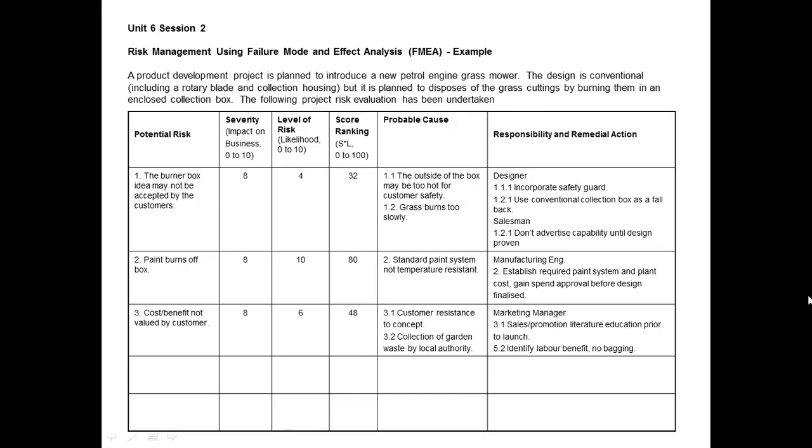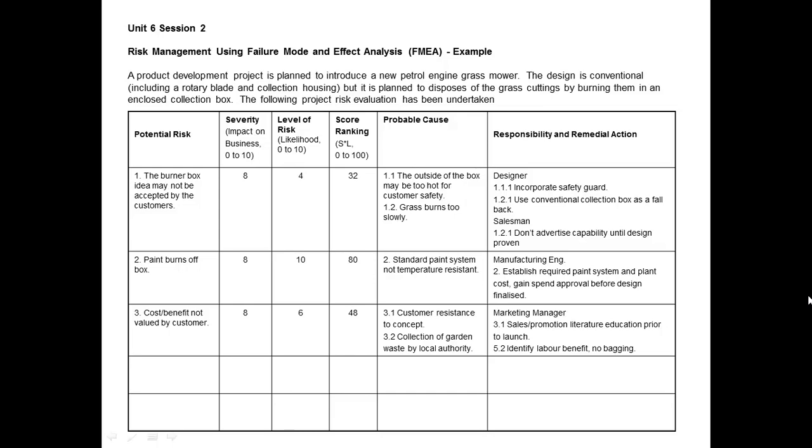The fault was with the operating pedal and was fairly minor from an engineering point of view, but the impact on the business was very high because Toyota had built a reputation on reliability, and this problem severely impacted that reputation. So it's impact on the business that we ought to consider.